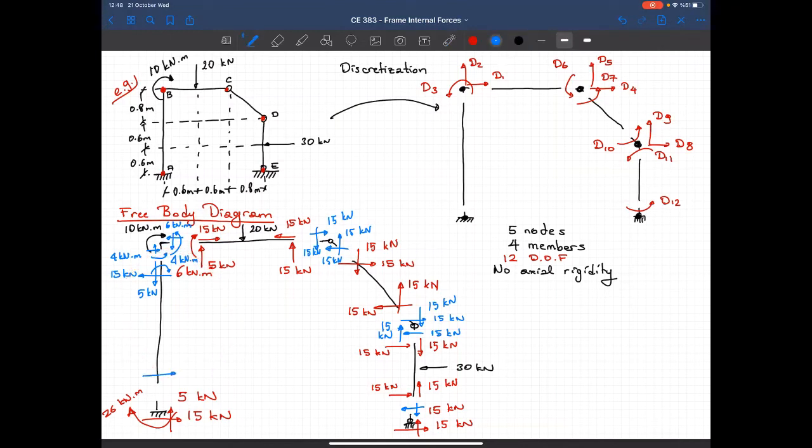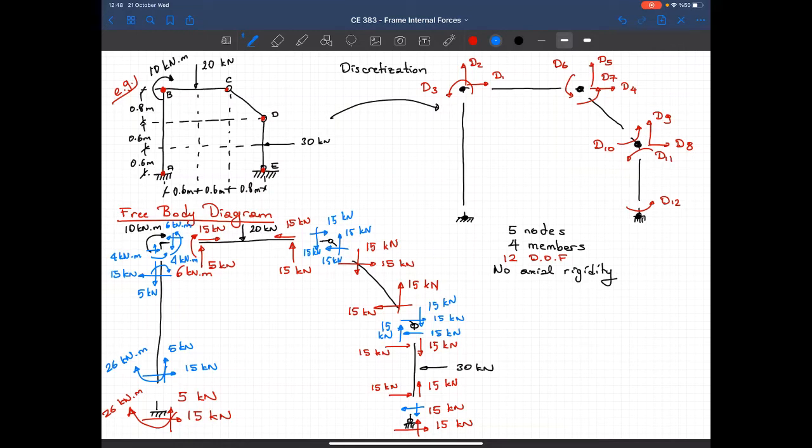I should have 15 kilonewtons in that direction, 5 kilonewtons in this direction, and I'm taking moment with respect to that point. I got 4 kilonewtons in this direction, and I have 15 times this distance, which is 2. 15 times 2 gives me 30 minus 4, and I should have a moment equal to 26 kilonewton meters.